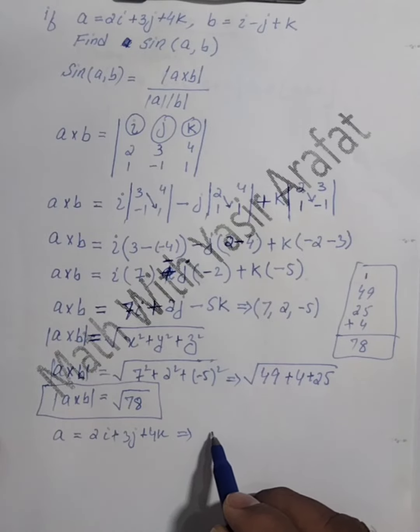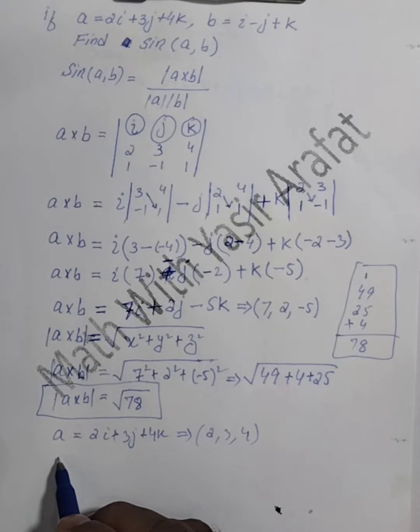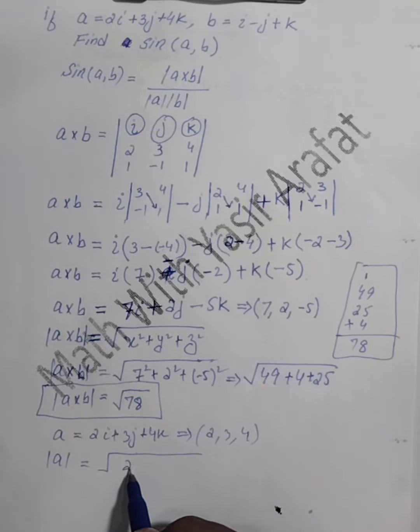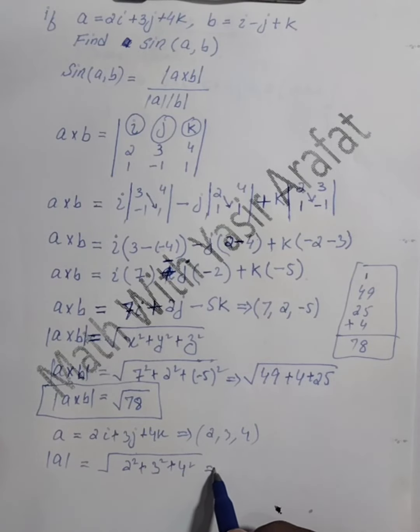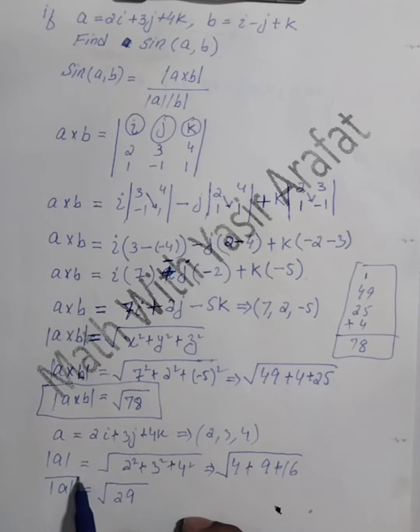So we can write it as 2, 3, 4, and then we find the modulus of A, that is x square means 2 square, y square means 3 square and z square means 4 square. So that is 2 square 4, 3 square 9 and 4 square 16. So 16 plus 4 is 20, plus 9 is 29. So the modulus of A is radical 29.